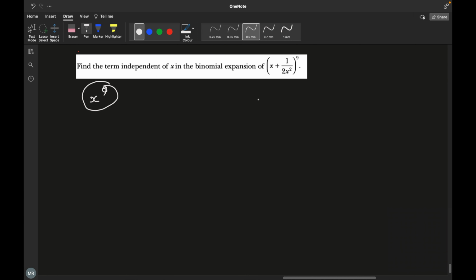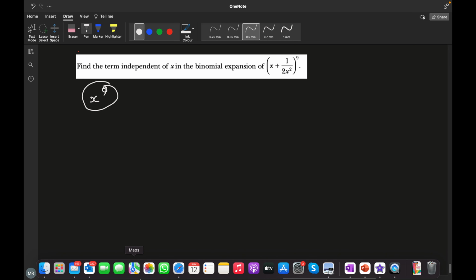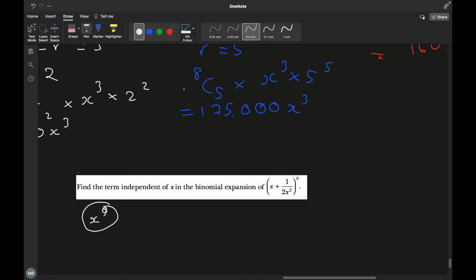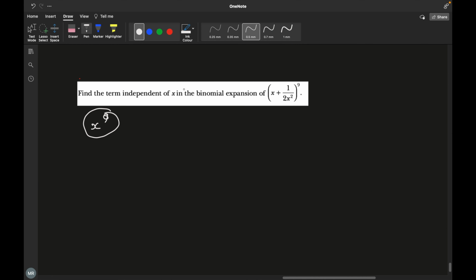So we can go through each scenario and try to find the answer, meaning we can expand this. So in the exam, you'll have to expand every single term in order to do this, or you can use the method here. Either way works, but if you're trying to use the second method, please be very careful. You have to write every single step, and you'll have to write a lot more than if you just expanded it.